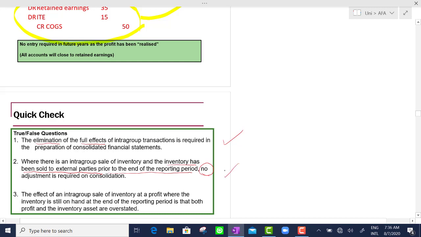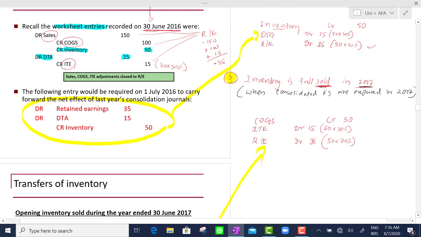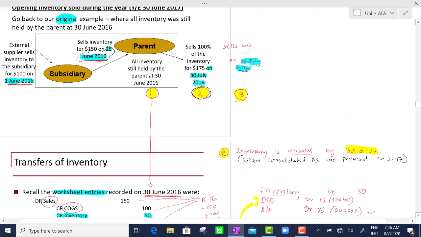So it is false. Why? We saw that even if it is sold to external customers, right? We may have figures which are overstated or understated. In scenario number 2, as you saw, 100% was sold. Right? Then didn't we make an adjustment entry? We did. Why? We had to remove sales, remove cost of sales, and remove income tax expense.